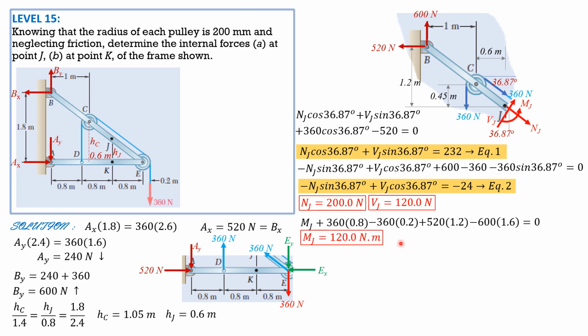So MJ can now be computed. It is equal to 120 newton meter. Since the results are all positive, I correctly assigned the directions of these internal forces.